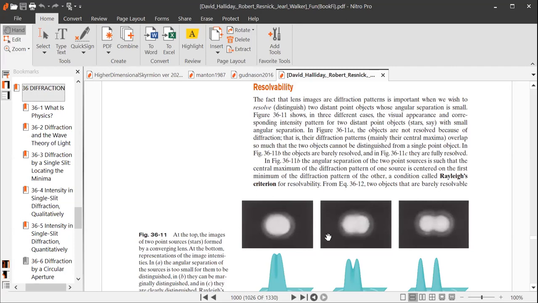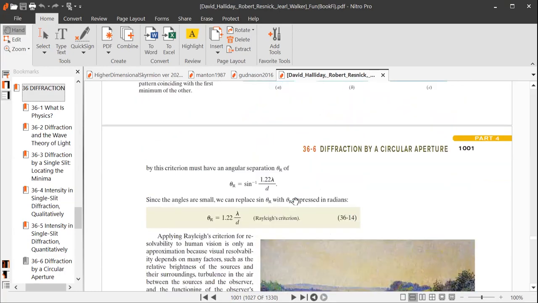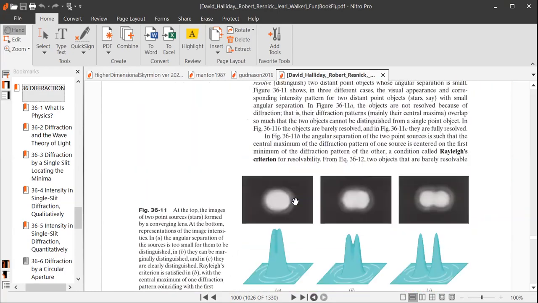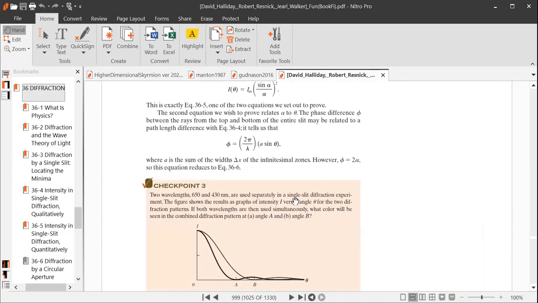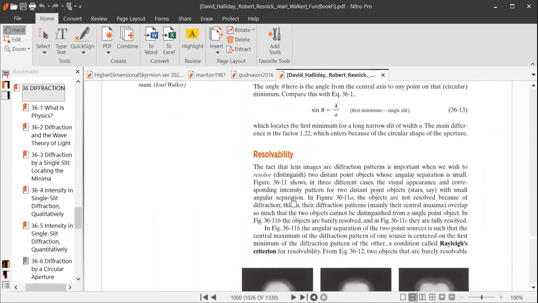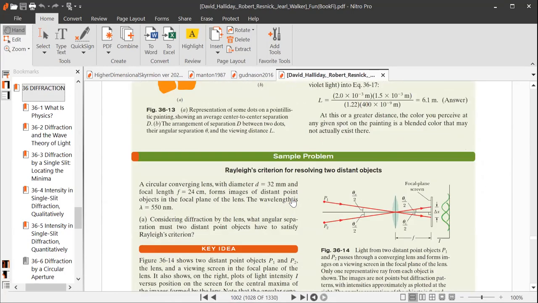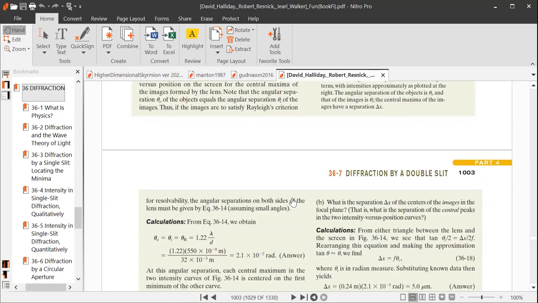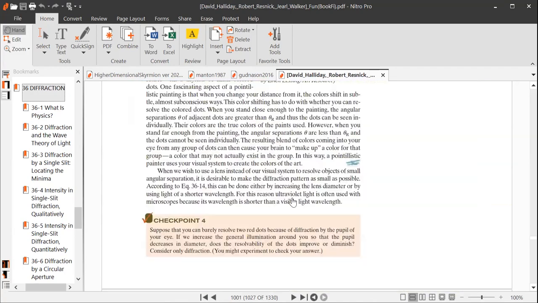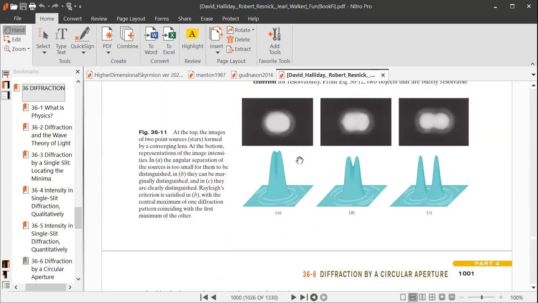For example, in this picture, the two sources coincide, and here the two sources become further away from each other, and they are also away from each other.